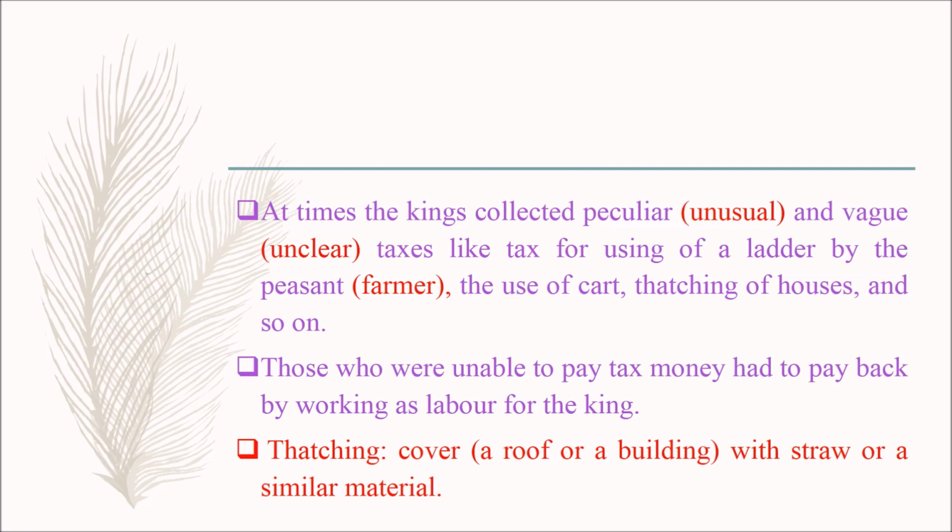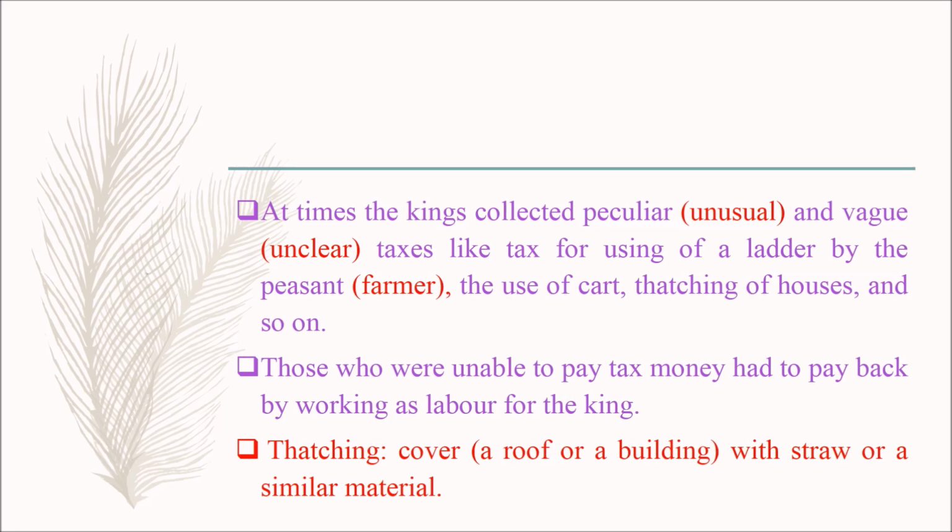So, at times, the kings collected peculiar, which means unusual, and vague, which means unclear, taxes like tax for using of a ladder by the peasant, which means farmer, the use of cart, thatching of houses.